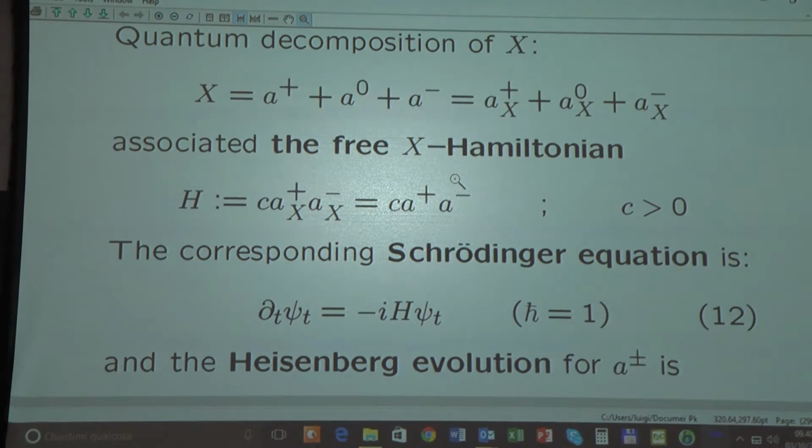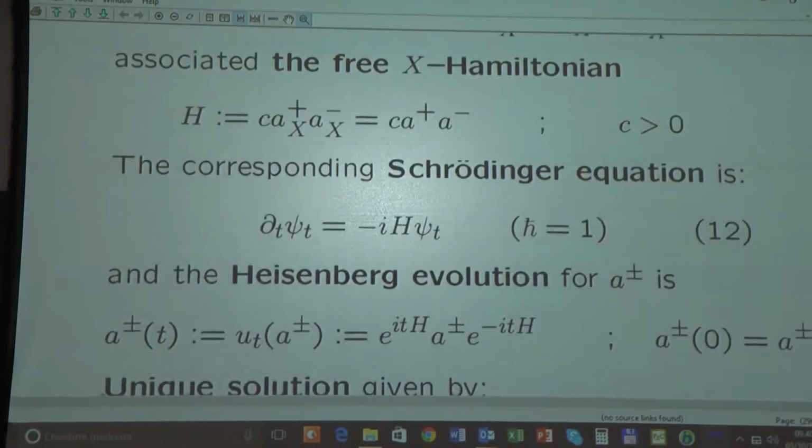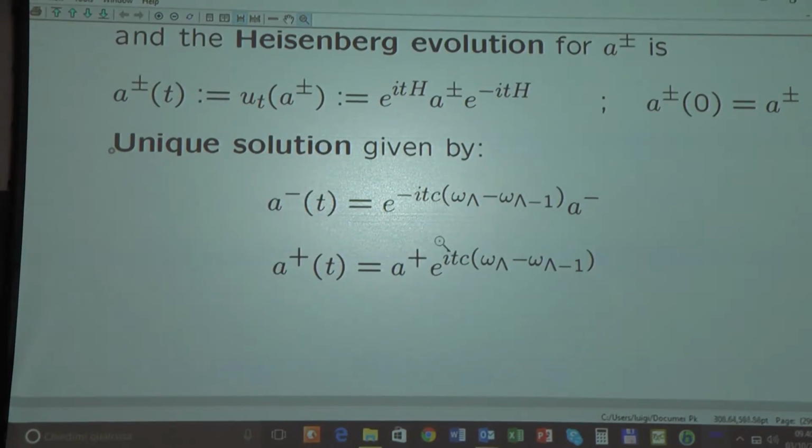And we have the canonical commutation relation associated to the random variable x. Now, we define the free Hamiltonian as usual, just a positive constant times a dagger a. Then we define the Schrödinger equation, and we see the solution is very similar to the usual harmonic oscillator, only that this is a non-commutative harmonic oscillator, because here A minus doesn't commute with lambda. And of course, A plus doesn't commute. So we have a formula which is very similar, but nevertheless non-trivial.